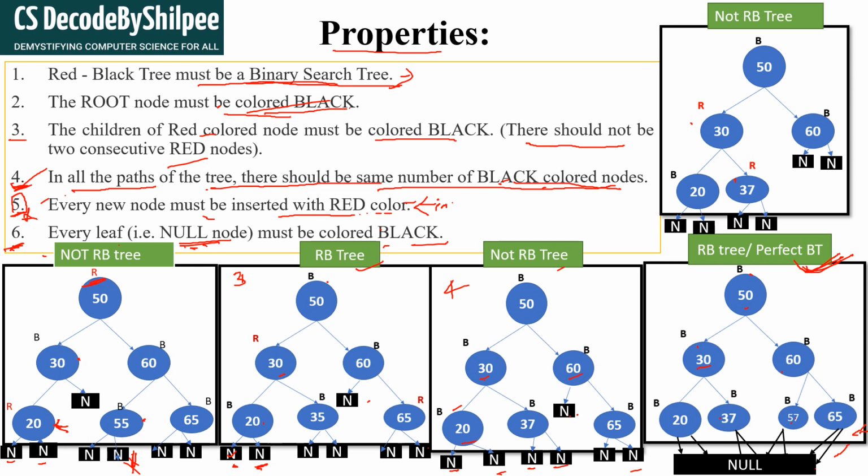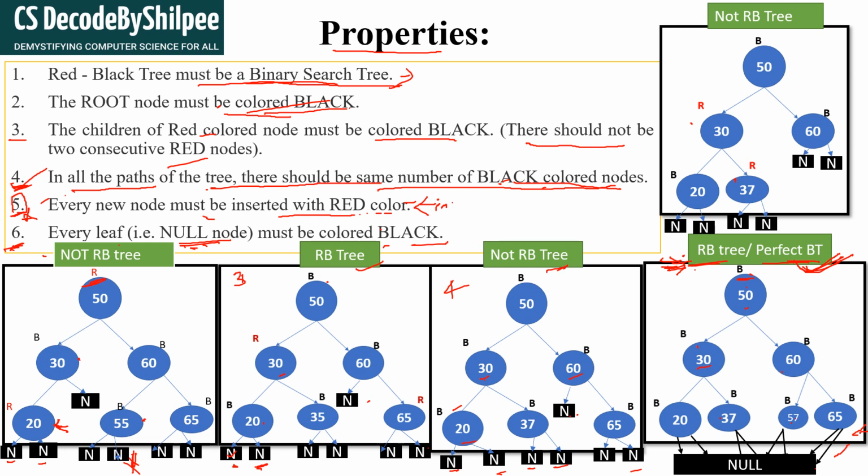So there is one important point here: if the binary search tree is a perfect binary search tree and all the node colors are black, then you can say that that's a valid red black tree. Do remember, if it is a perfect binary tree and all the node colors are black, then only you can say that this is a valid red black tree, right?